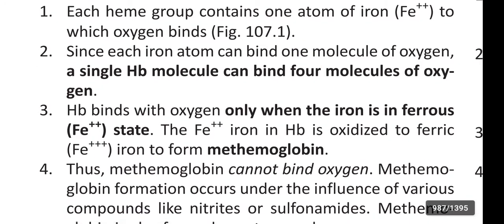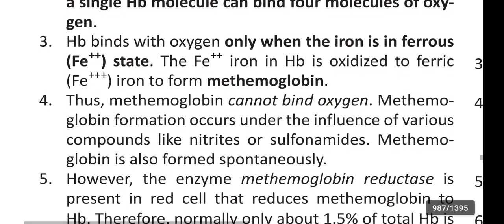And hemoglobin binds with oxygen only when the iron is in ferrous state. The ferrous iron in hemoglobin is oxidized to ferric iron to form methemoglobin. Thus, methemoglobin can't bind oxygen.